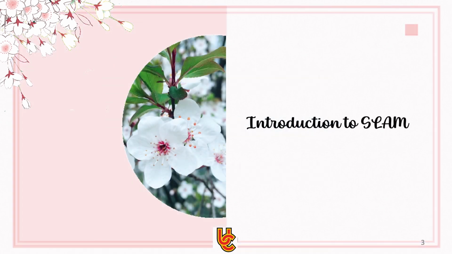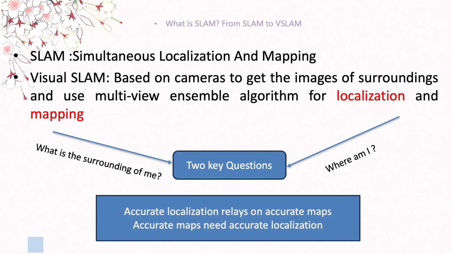Okay, let's begin the first topic, the introduction to SLAM. So, what's SLAM? SLAM is simultaneous localization and mapping. Visual SLAM is based on cameras, not laser, not other sensors, just cameras, to get the image of the surroundings and use multi-view geometry algorithms. There are two key points in SLAM.